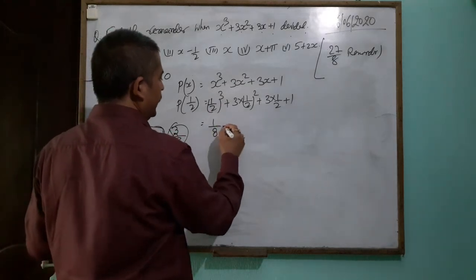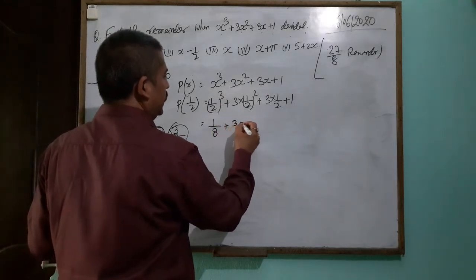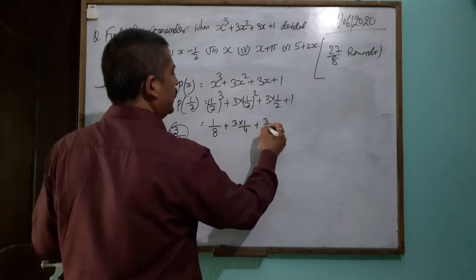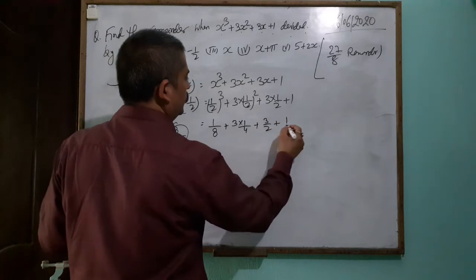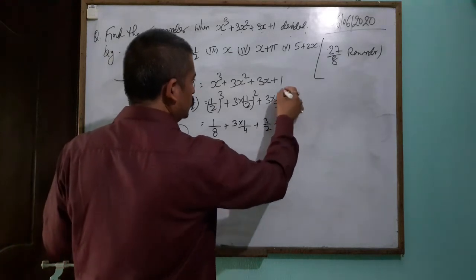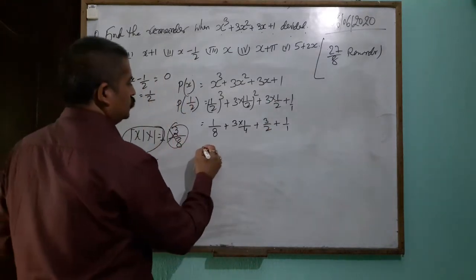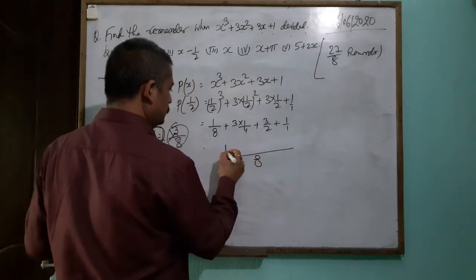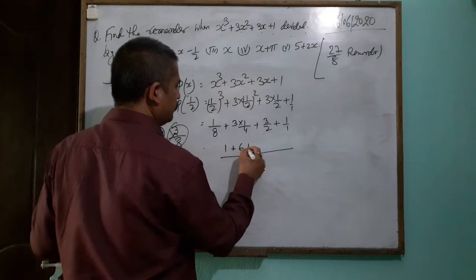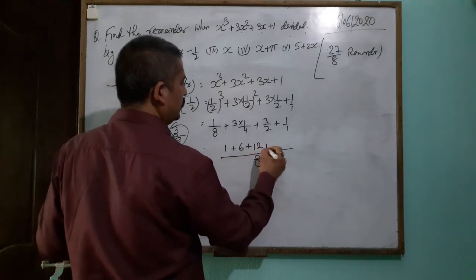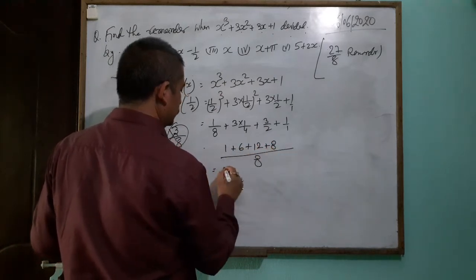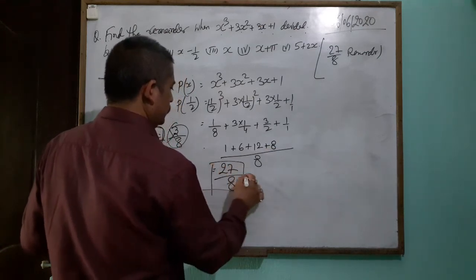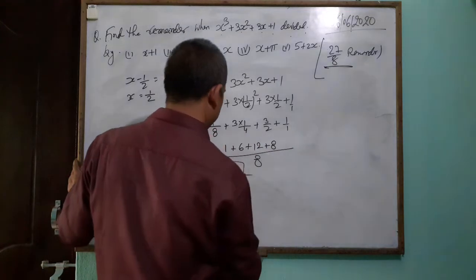So 1 by 8 plus 3 into 1 by 4 plus 3 by 2 plus 1, or we write that as 1 by 1 also. Taking the LCM 8, 1 plus 6 plus 12 plus 8 is equal to 27 by 8. Both remainders are the same.